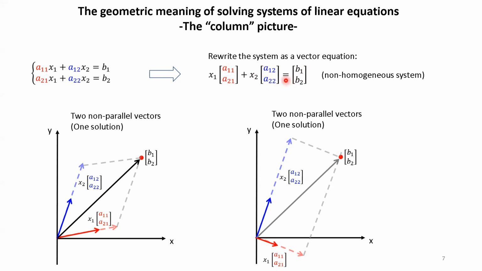So in this so-called column picture, each column gives you a vector.